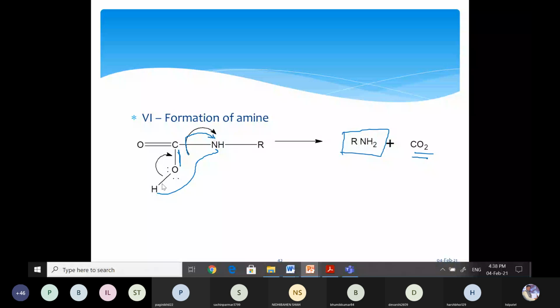Further, this bond's electrons migrate over here and a double bond forms between carbon and oxygen, so we have CO2. The CO2 gas is eliminated and RNH2 forms. So this is called conversion of acid to amine by the Schmidt rearrangement.